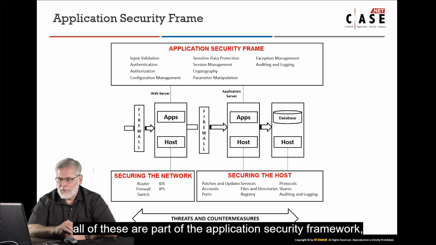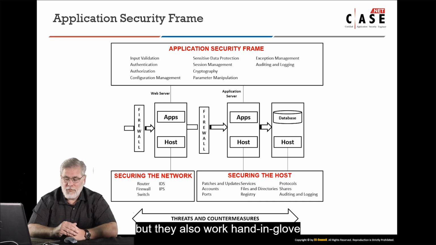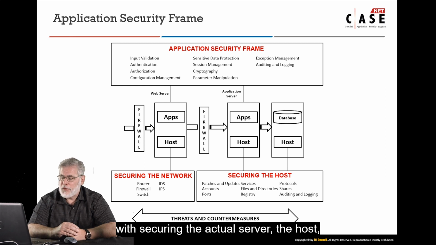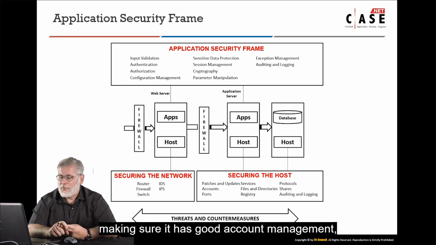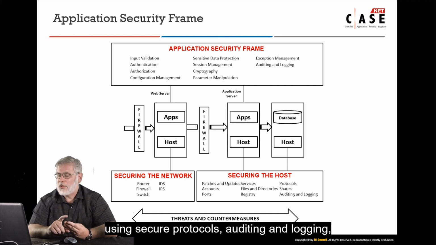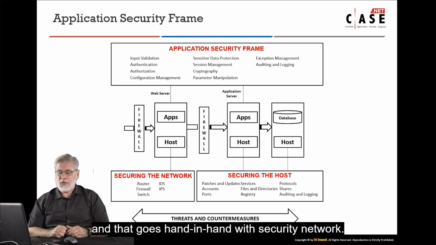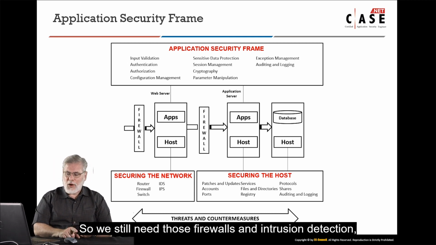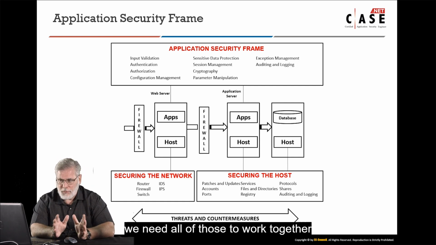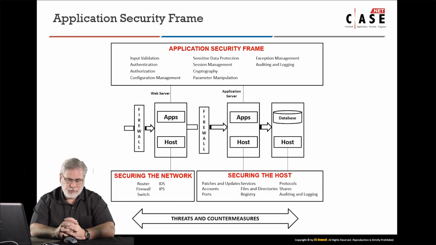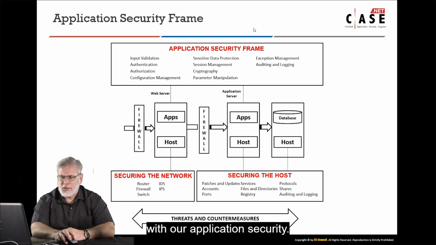All of these are part of the application security framework, but they also work hand in glove with securing the actual server, the host, making sure it's patched, making sure it has good account management, using secure protocols, auditing and logging. And that goes hand in hand with securing the network. So we still need those firewalls and intrusion detection, intrusion prevention systems, good router and switch security. We need all of those to work together with our application security.